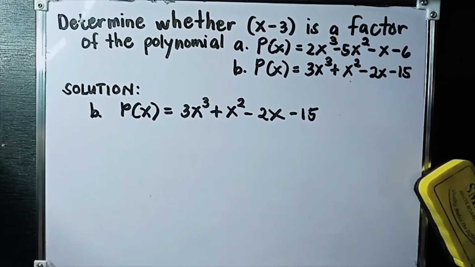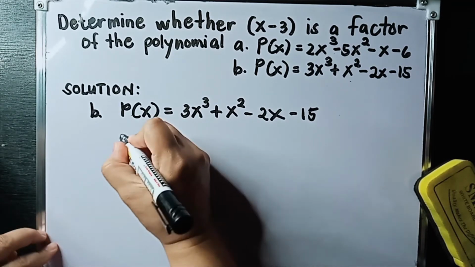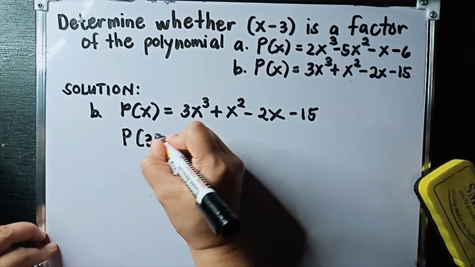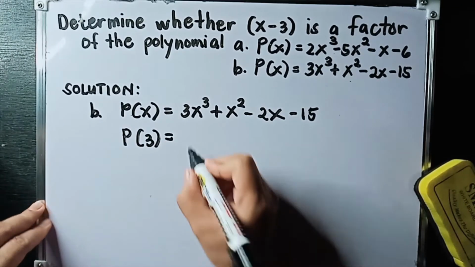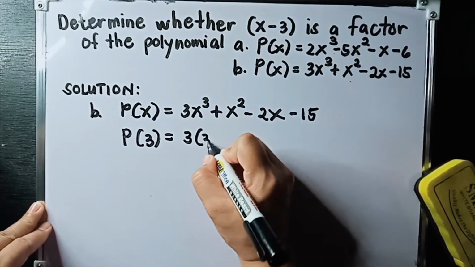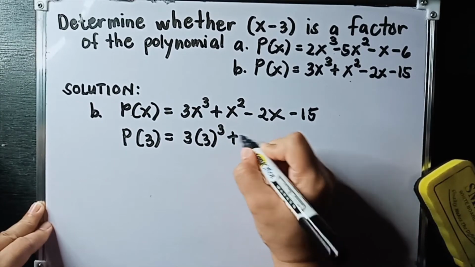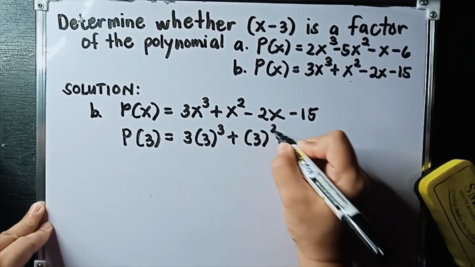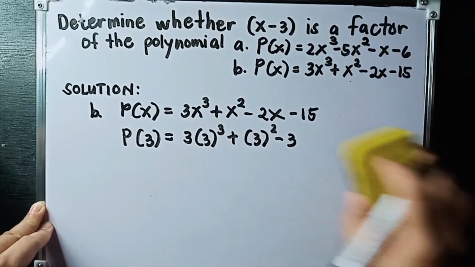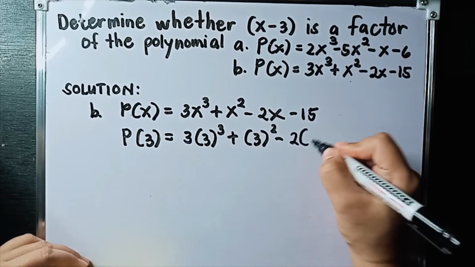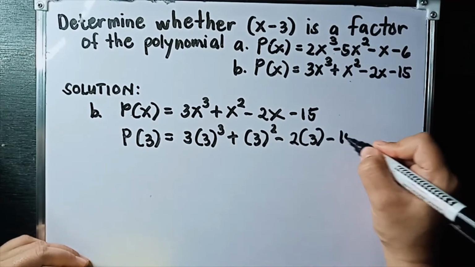So for letter B, we will again be substituting all the values of x with positive 3. So we have 3 times 3 cubed plus 3 squared minus 2 times 3 minus 15.